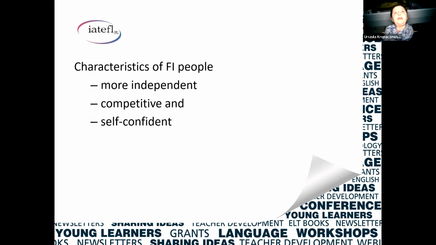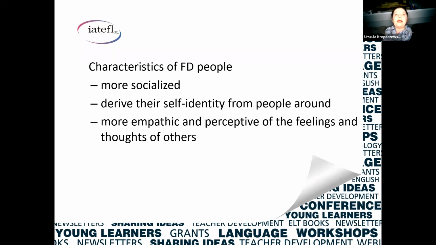People who are field independent are more independent, okay? So they like working individually. It's not a problem for them. They are really competitive, and they are self-confident. If they say something, they know that it is good because they have managed to find out all the details of what they have already prepared, okay?